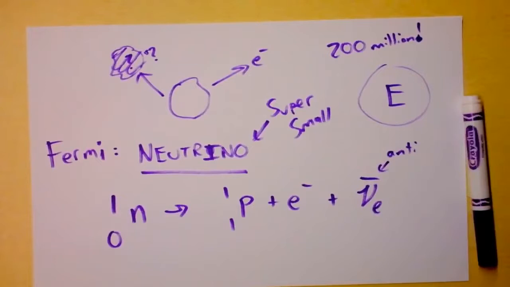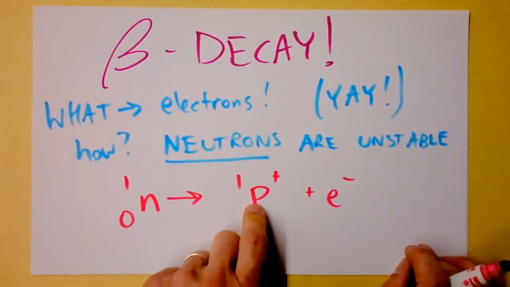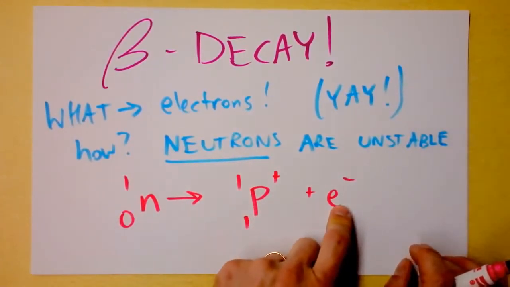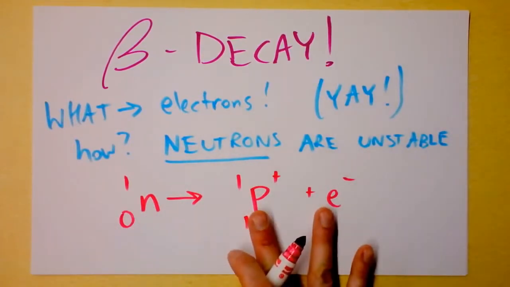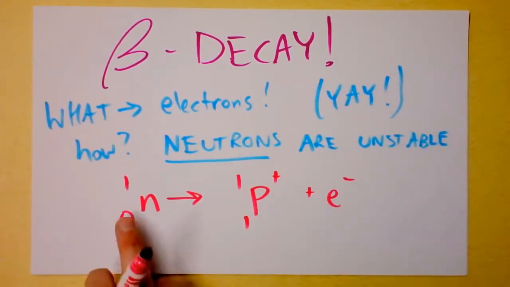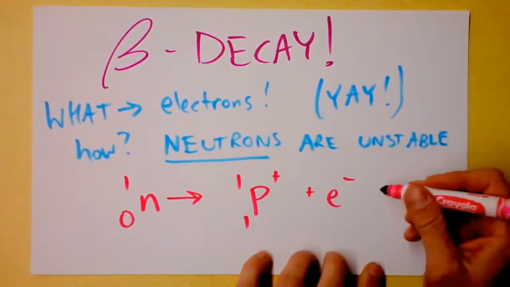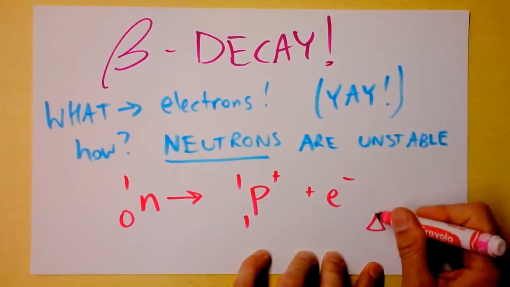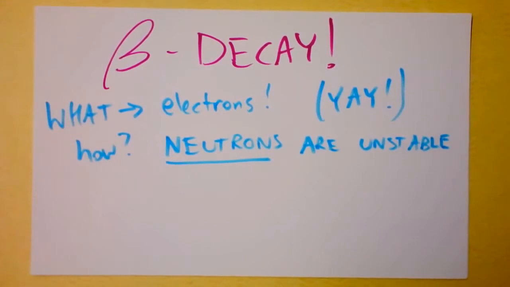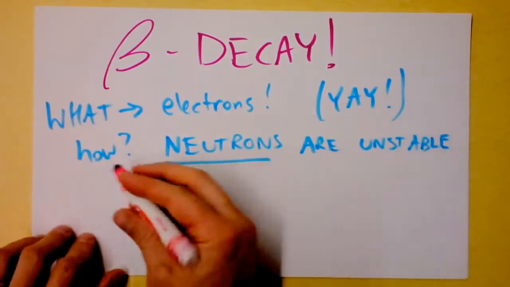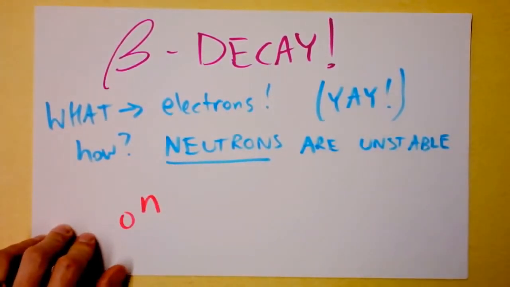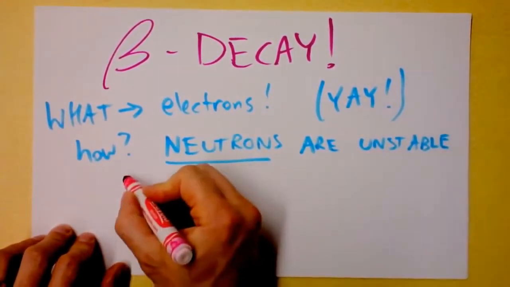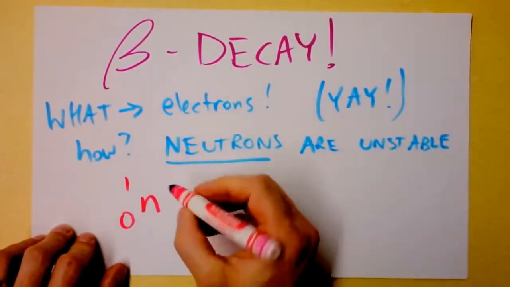So the neutron in the nucleus converts to a proton in the nucleus and drops off an electron that has a ton of kinetic energy as a result, because the mass of these two is slightly less than the mass of that one right there, and that extra mass is unstable. I don't know if you heard me say that, but a neutron itself is actually unstable. So what you've got is a neutron that has 0 protons in it and 1 atomic mass number.